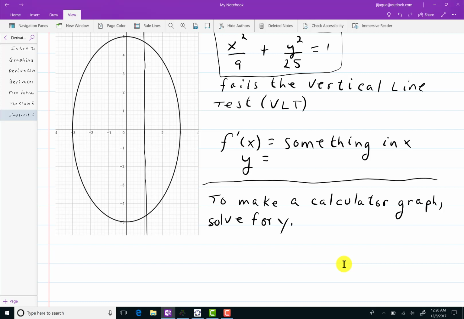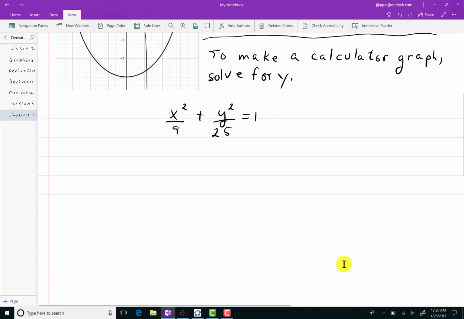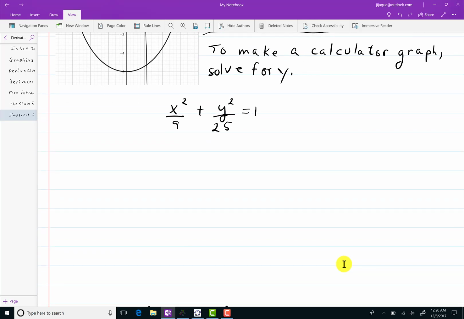If I have x squared over 9 plus y squared over 25 equals 1, the first thing I would do is probably multiply both sides by 225.